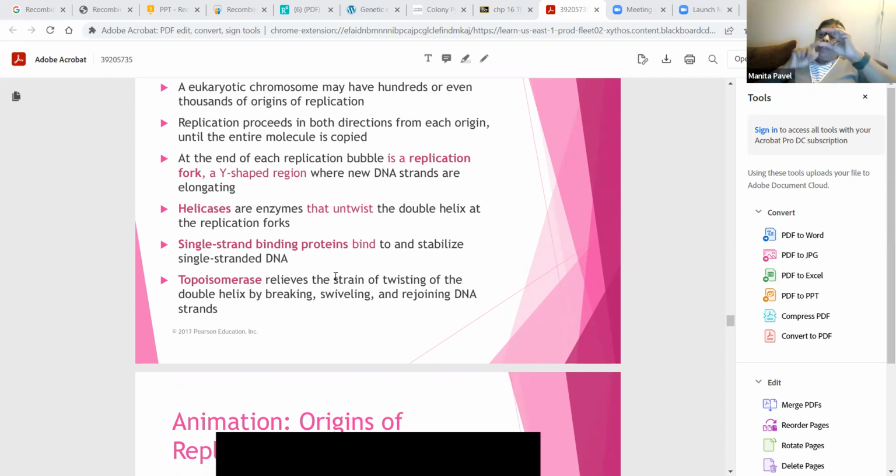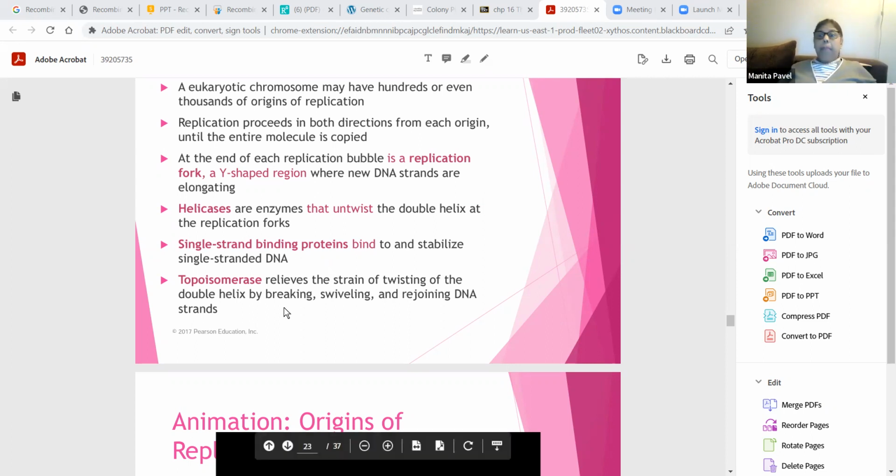Now, if you have a sugar and a phosphate, and the base comes in at the next replication fork, that is an error. So it is topoisomerase enzyme which can relieve the strain of the double helix either by breaking it, by swiveling it back, or by rejoining the DNA strands together.